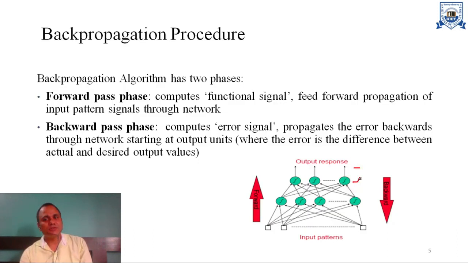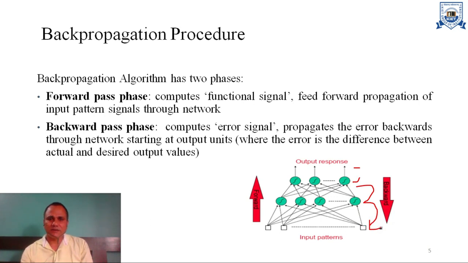First we need to compute it and adjust all the weights one by one, whatever associated weights are given over there, and then we need to come to the second layer if a hidden layer is present. So obviously, there must be some hidden layers because we are working on a multi-layer network, and finally we reach the input layer where we are applying all the inputs.